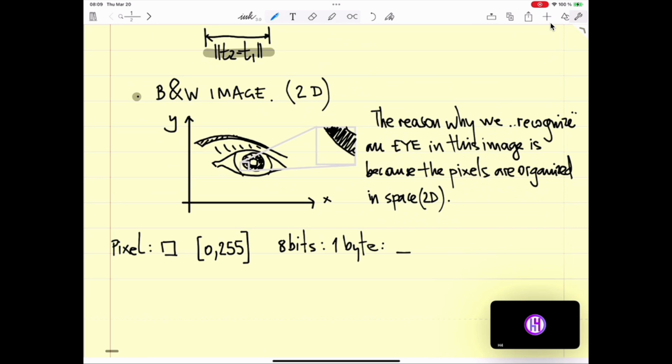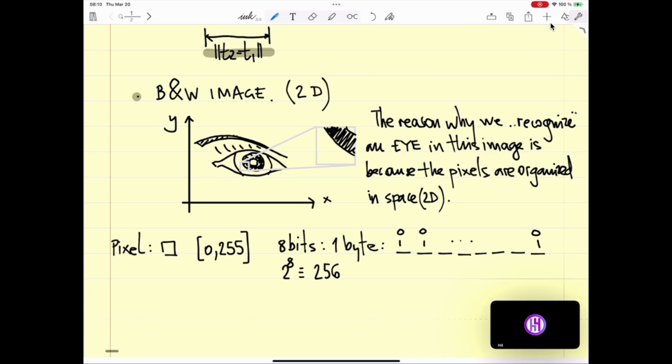If you have 8 positions, 1, 2, 3, 4, 5, 6, 7, 8, you can fill each one either with a 0 or a 1. Because of this, you have 2 to the power of 8 different combinations, and this is 256. This is the reason why we have values from 0 to 255.